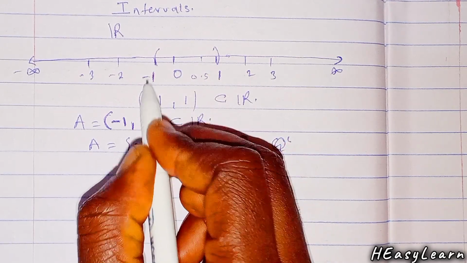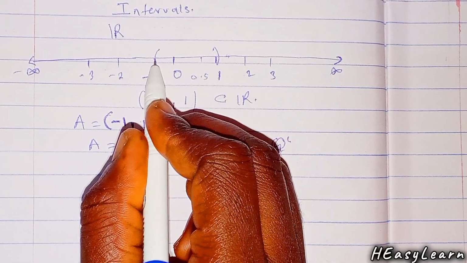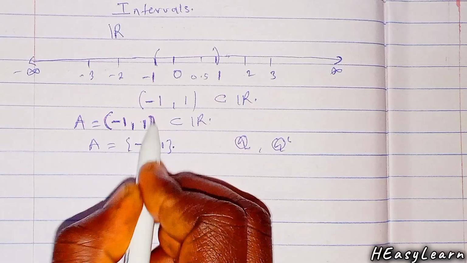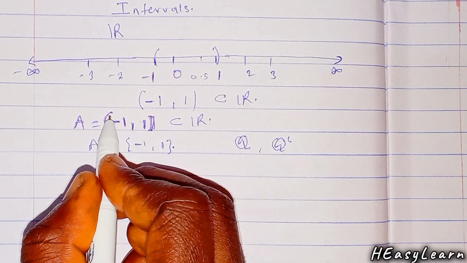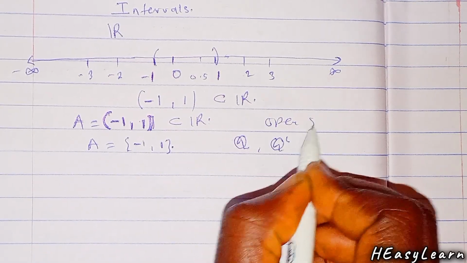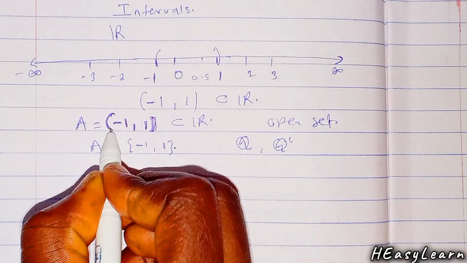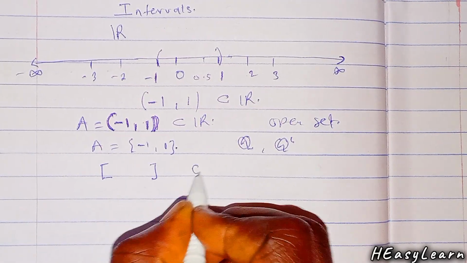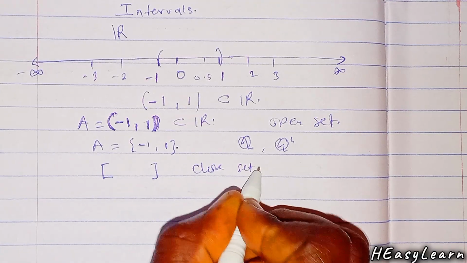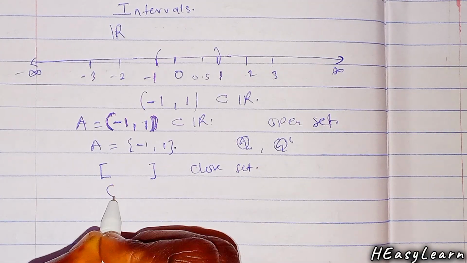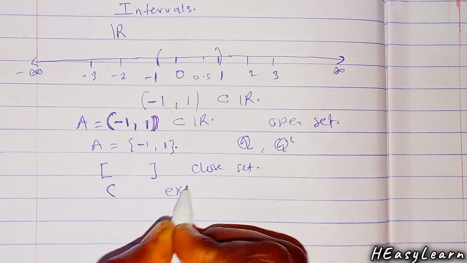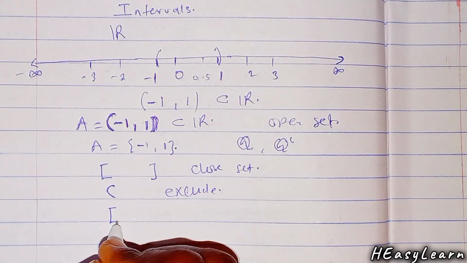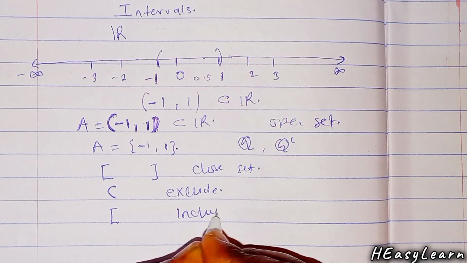So to represent minus 1 to 1 in real numbers as a set, this is how to represent it, and it's called an interval. We call this an open set because this is a parenthesis. If it is a bracket, we call it a closed set. A parenthesis excludes the number here, but a bracket includes the number here.